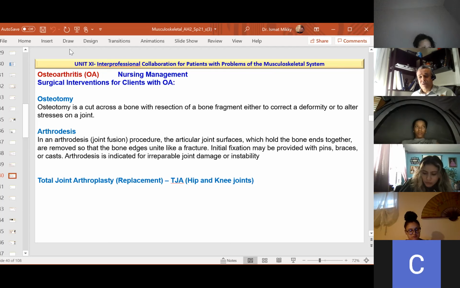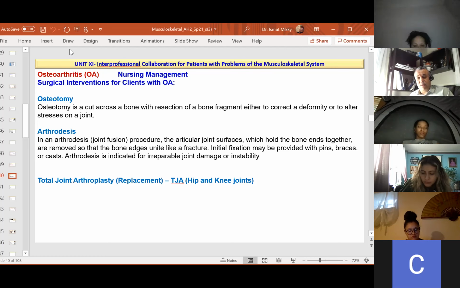Which one is the shortening? That's for the fusion, because when they do this arthrodesis, it is a hip fusion. That will result in a shortening of the affected extremity, the one they did the surgery on.